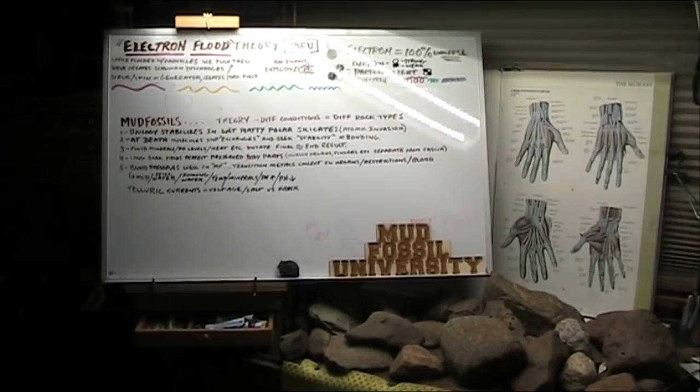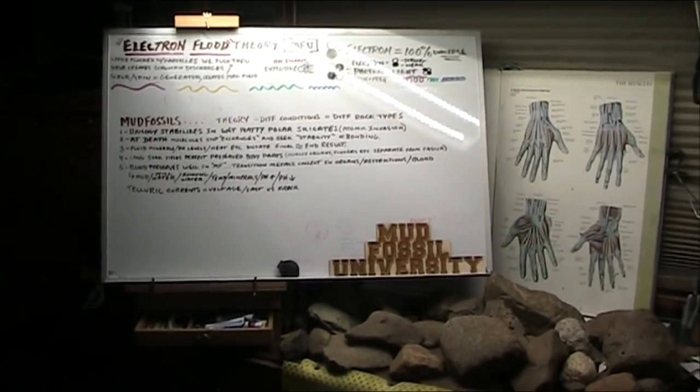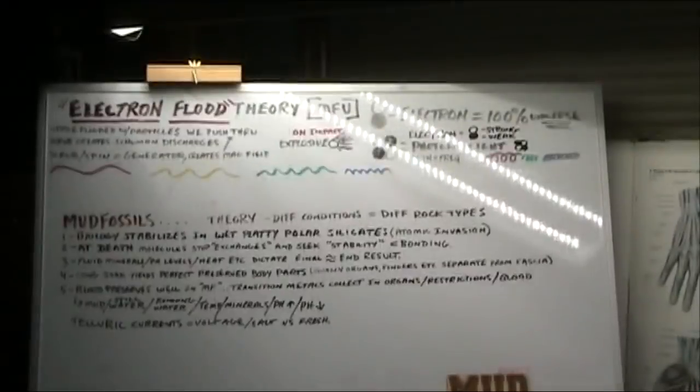Okay, my friends, we're starting a new regime here at Mudfossil University. We're going to go into the big whiteboard. And that is it right there. Now, as you can see at the top, let me focus this in a little bit.